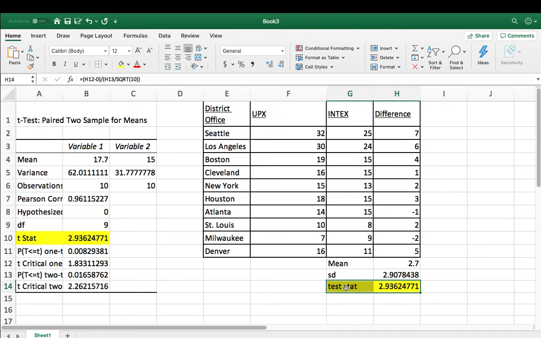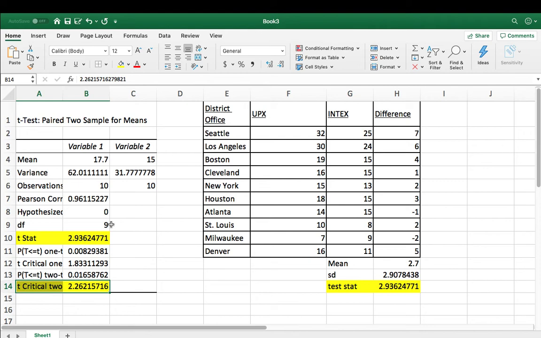The other thing we came up with, if you remember, was the critical value of 2.26, and that gives us the critical value there as well. Now what's important about this, if you look back at when I actually put the data in, it didn't ask me at any stage whether this is a one-tailed test or a two-tailed test.